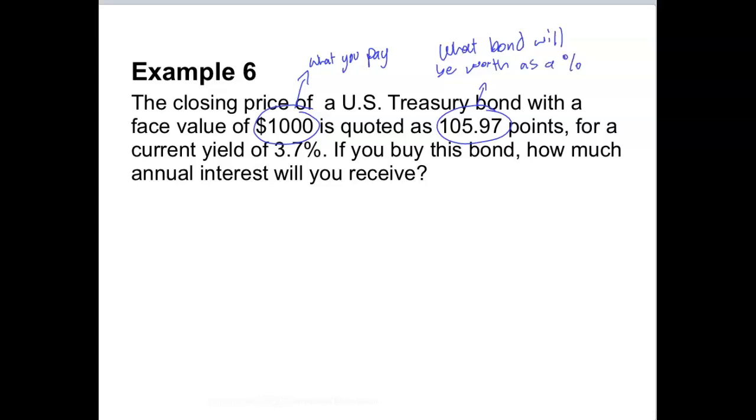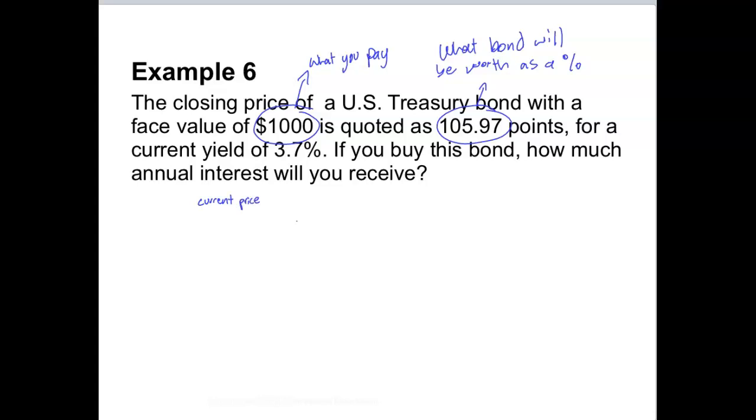So this just means that, okay, it's going to be worth 105.97% of what you bought it for once it hits its maturity date. So we call that its current price. Its current price being what it's going to be worth to you at its maturity date.